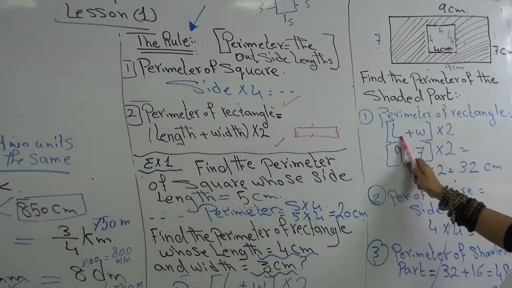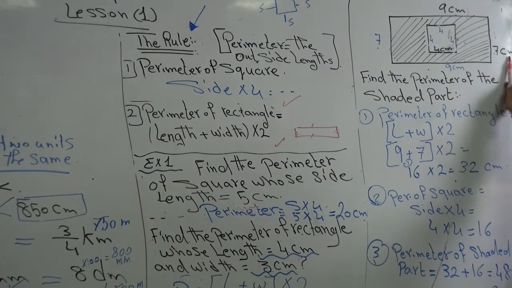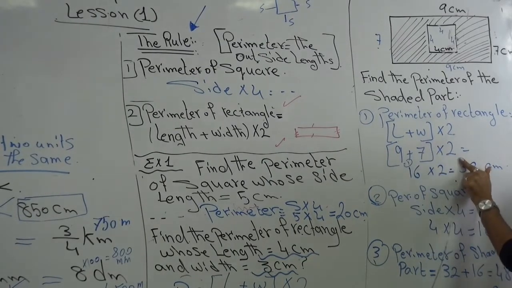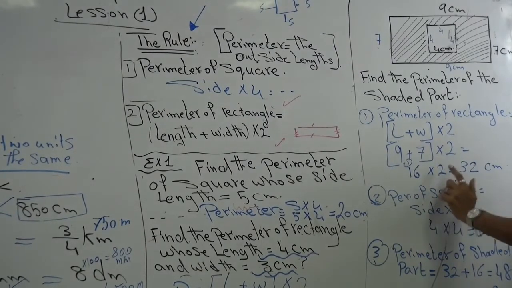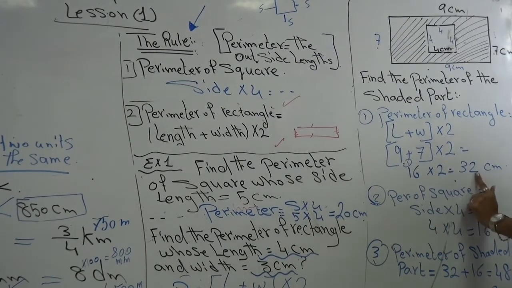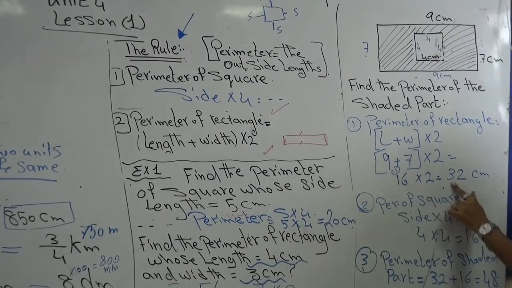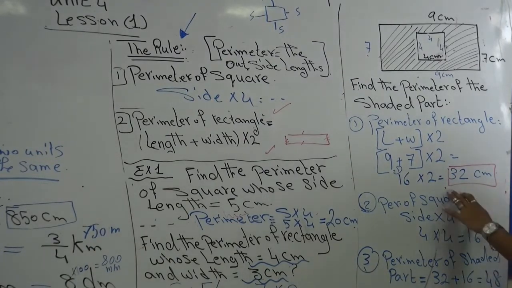So length equals 9 centimeter and width equals 7 centimeter between brackets, and then multiplying by 2. So 9 plus 7 equals 16. Times 2: 2 times 6 equals 12, 2 and carry 1, and 2 times 1 equals 2 plus 1 equals 3. So it will be 32 centimeter.